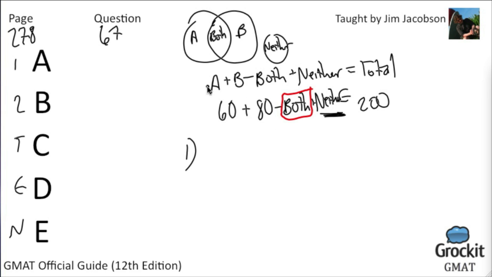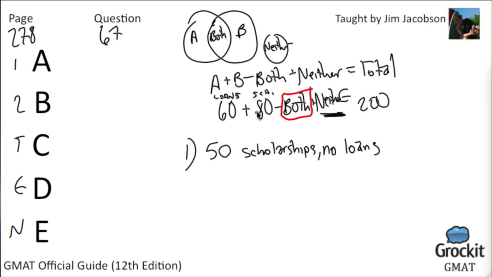Oh, and I should probably make these clear here: the loans are the 60 and the scholarships are the 80. It's a helpful reminder. So 25% of 200, that's 50 people got scholarships but no loans.